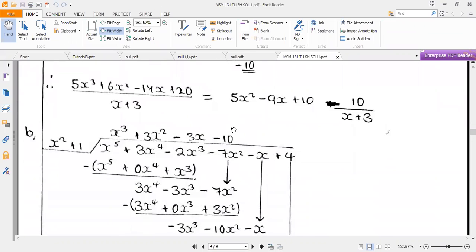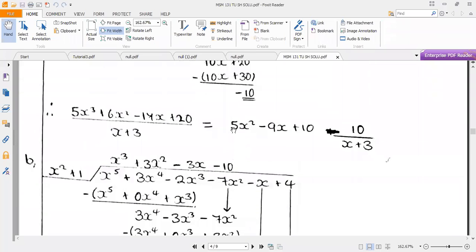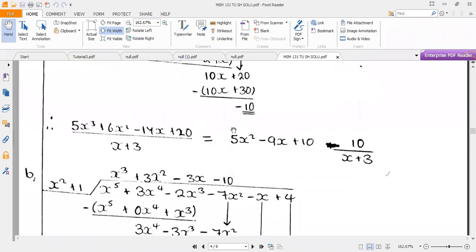Yes, it's clear. My question is on the answer. When stating the remainder, do you have to divide it by the factor? Both are correct. You can either just say remainder negative 10, or you can put negative 10 over x plus 3.